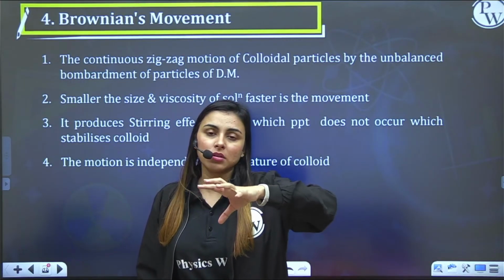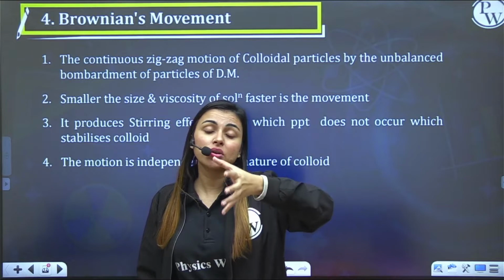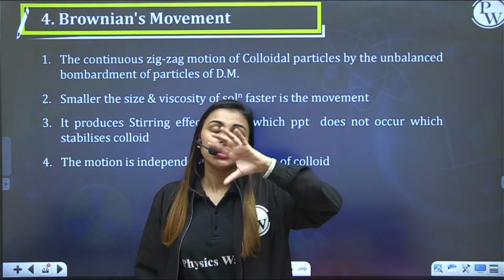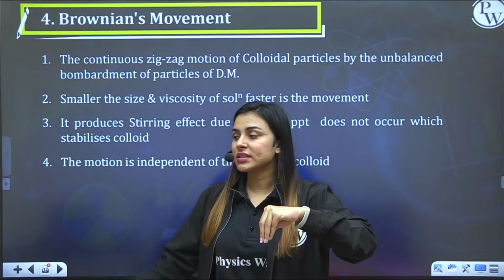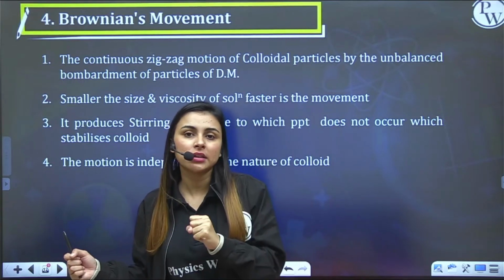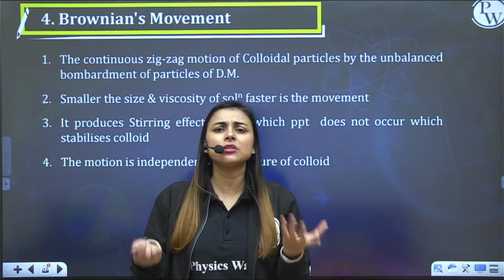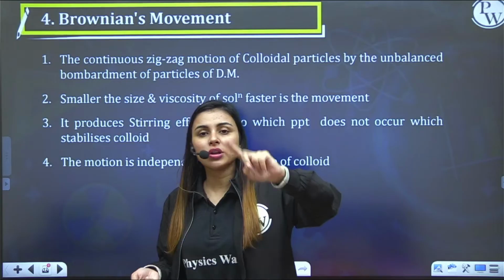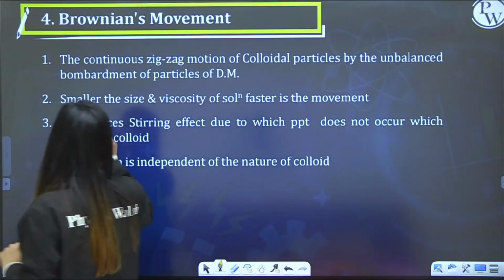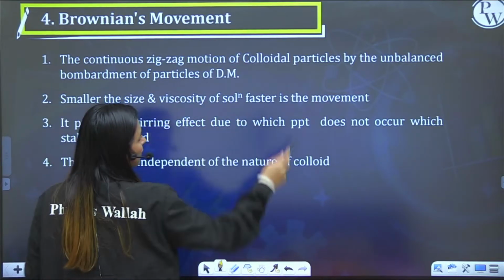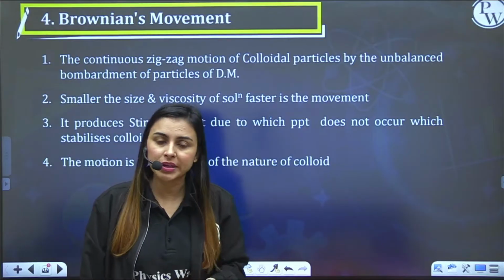Some solutions have higher viscosity, some have lower viscosity. So if it has lesser viscosity, that is less back pull it is experiencing, obviously the movement would be faster. So smaller the size and viscosity of the solution, faster will be the Brownian movement. I hope you're clear with this.